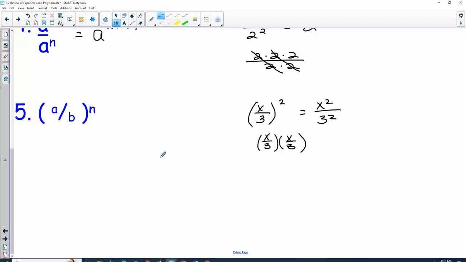Subtracting. Yes, so there's really 2 things we would do. First, we can distribute it to both the top and bottom. Second, if the base was the same, we would subtract those. So this could involve a combination of rules. What I really want you to notice here was that that exponent applies to both the top and the bottom of the fraction. But yes, if the bases were the same, we would then go ahead and subtract.